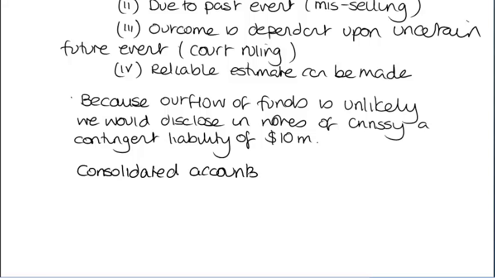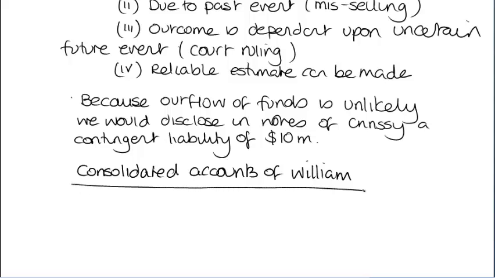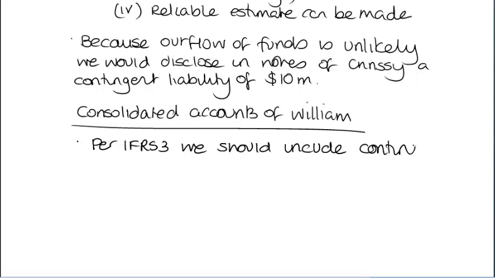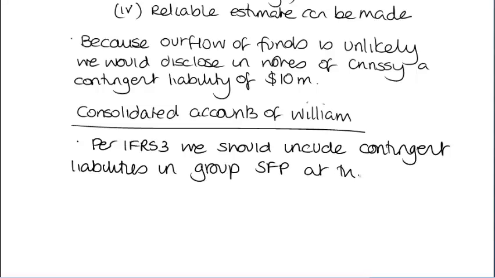We've then got the consolidated accounts of William. Per IFRS 3, we should include contingent liabilities in the group statement of financial position at their fair value.